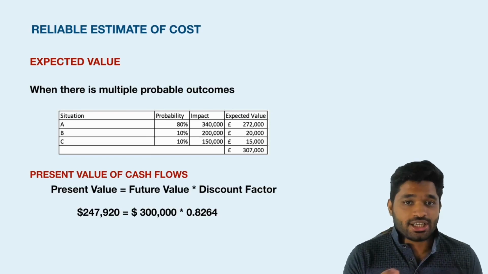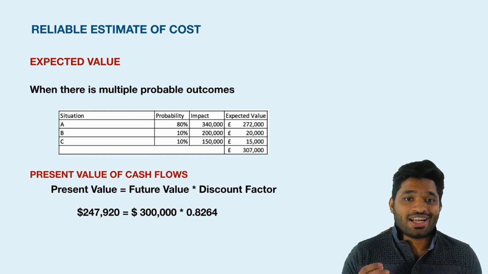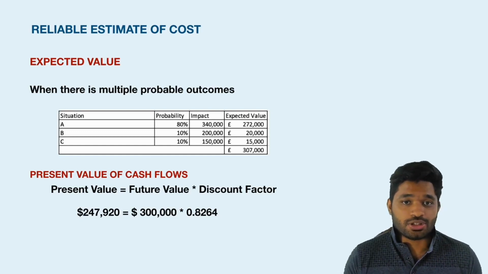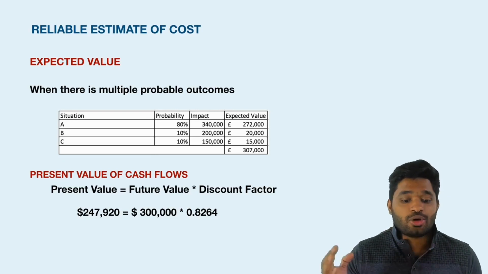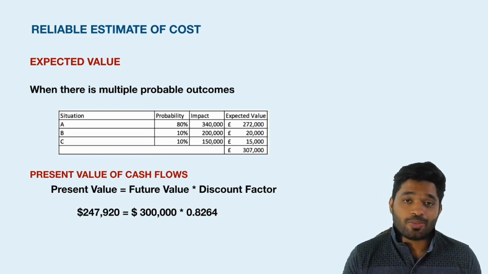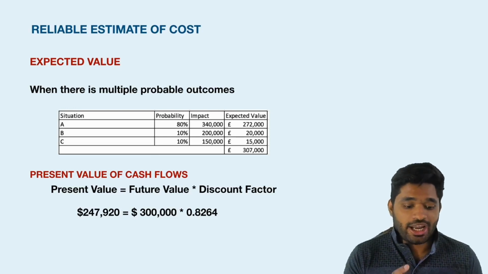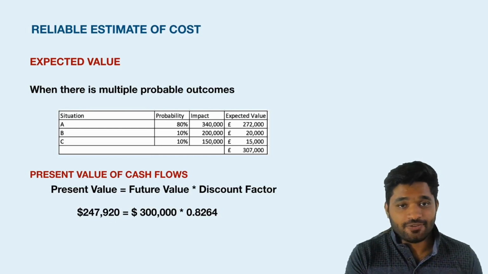Like our court case in this situation, there is one likely outcome where the organization will lose the case. So if the organization loses the case, we estimate that we'll have to pay 300,000, and we are looking at the cash flow in about another 2 years. So I looked at the discounting factor at 10% cost of capital, which is 0.8264, and I have got the present value of the future cash flows, and I'll recognize the provision at that value.